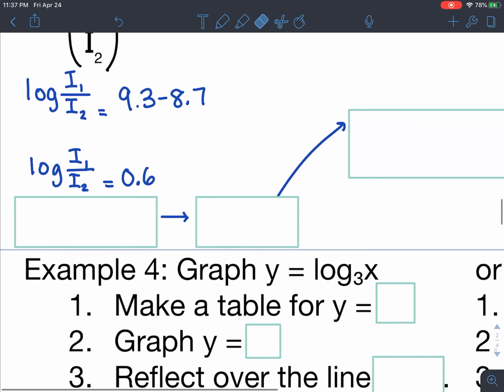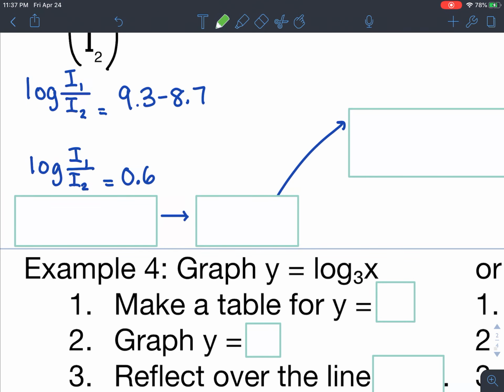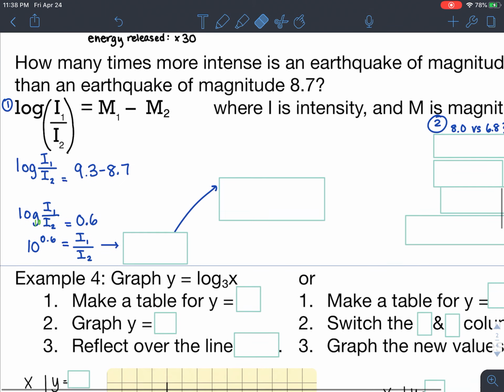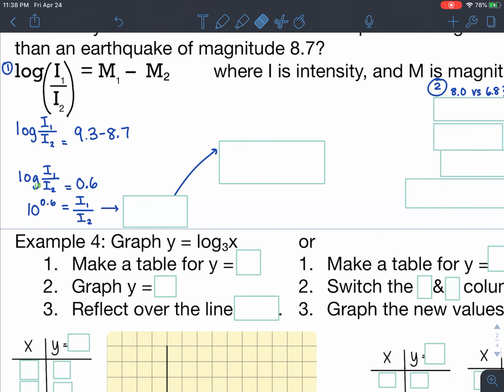So what does this mean? Remember that the invisible base on a log is 10. So that means that 10 to the 0.6 power equals the intensity of one earthquake over the other. And they're asking you how many more times intense one is than the other.